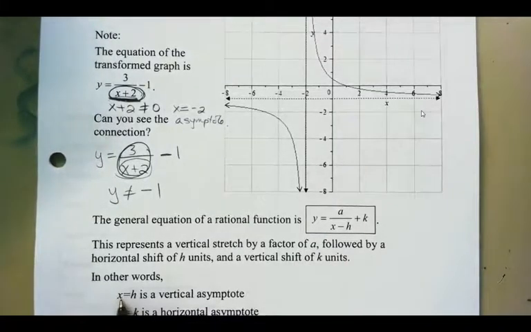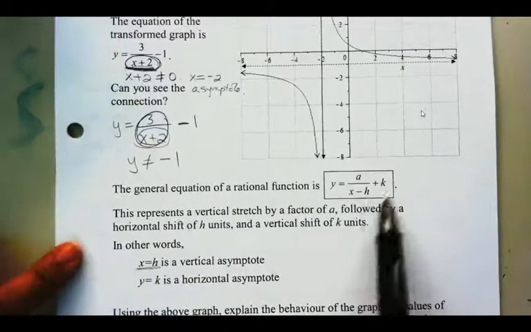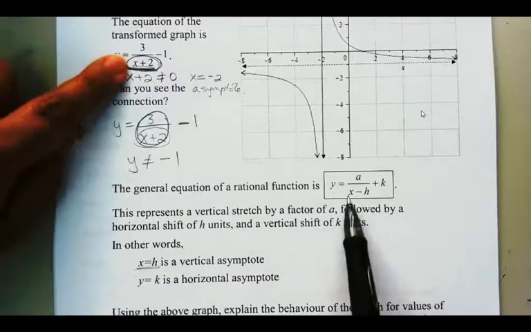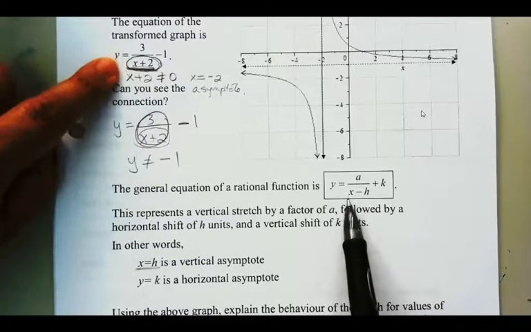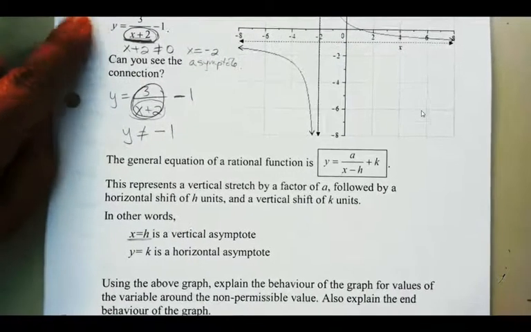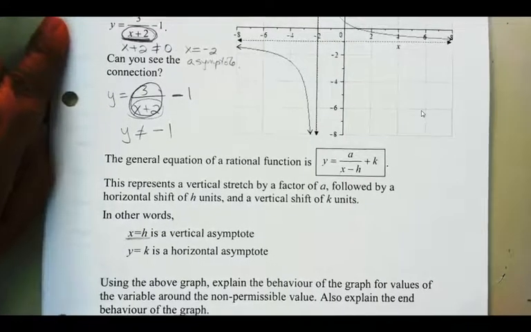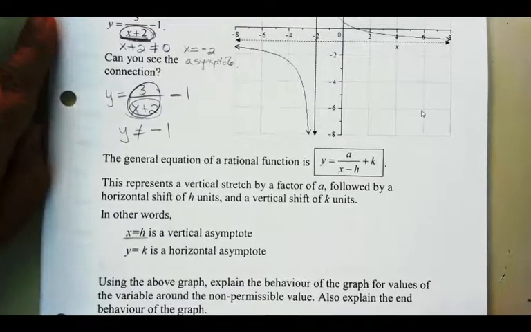So x equals h is going to be the vertical asymptote, and y equals k is going to be the horizontal asymptote. So if you just look at the equation and think through that thought process that we just did, then you could logically see what the values of the asymptote are. Okay, so if you were to be asked an explain question or a why question, that would be your response. Make sense?